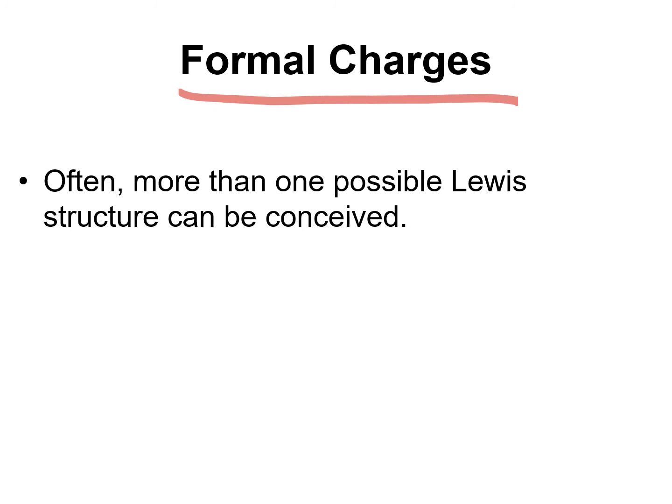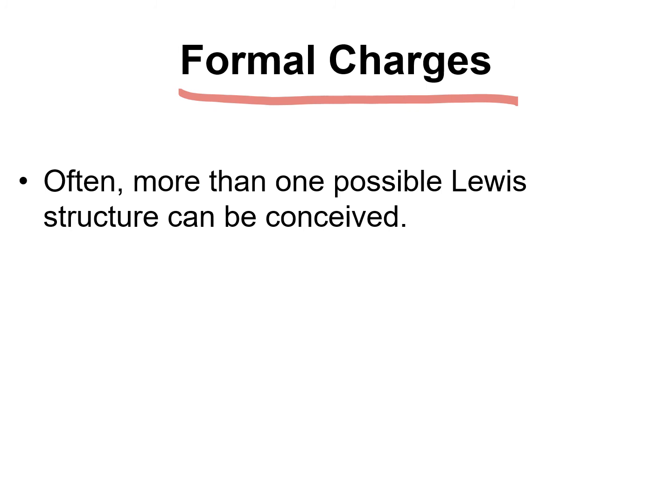And essentially what this looks at is to say, okay, well, how many electrons does the atom normally have around it, and how many does it have around it in your Lewis structure? And if that number is close, that's a good thing. It's going to be more stable. If it is high, it's going to be less stable. So if you have a hydrogen in your Lewis structure, and you know that hydrogen normally has 1 electron around it based on the shell that it's in, it normally forms 2 in a bond.